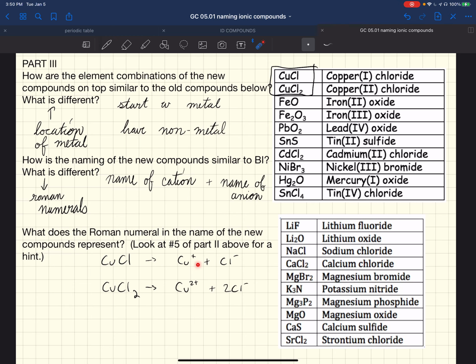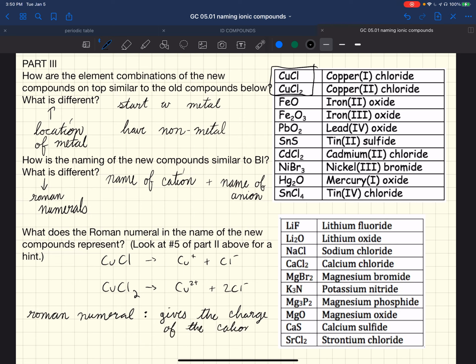And here, where the charge of copper is 2+, I have a Roman numeral 2. So the Roman numeral gives the charge of the cation.